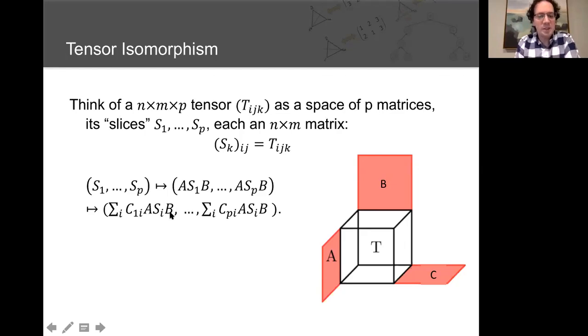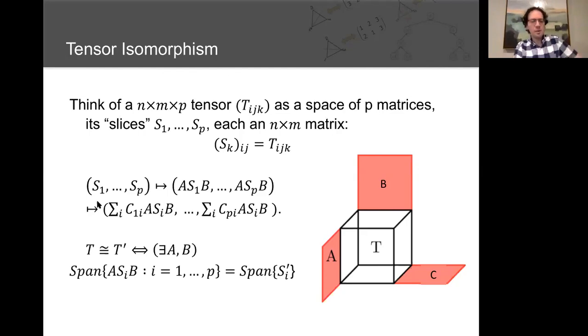So what this means is, I don't actually care about the set of slices because I can take arbitrary linear combinations of them. What I care about is their span. So I can think of a 3 tensor as: I give you a set of matrices, S1 up to SP, and what I care about is their span, all linear combinations of those matrices.